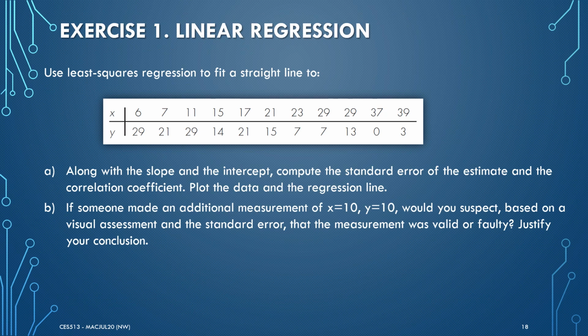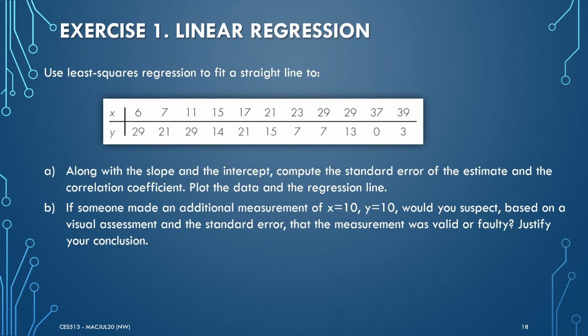Next, test your understanding by doing exercise 1. The question is, use least squares regression to fit a straight line to these data. A, along with the slope and the intercept, compute the standard error of the estimate and the correlation coefficient.